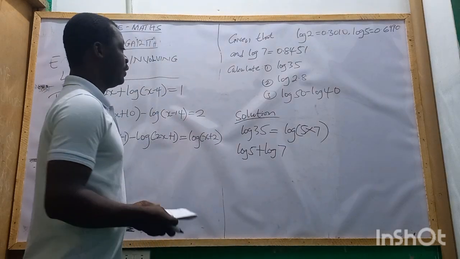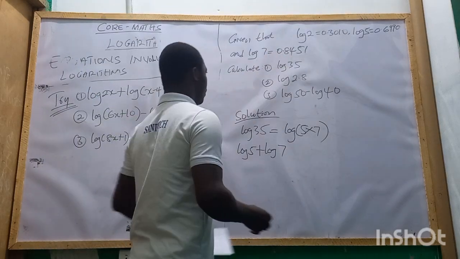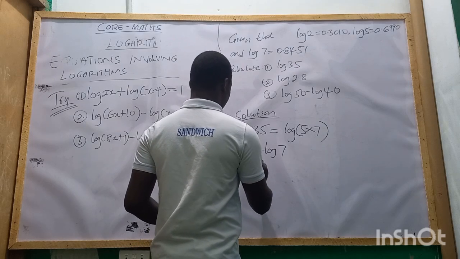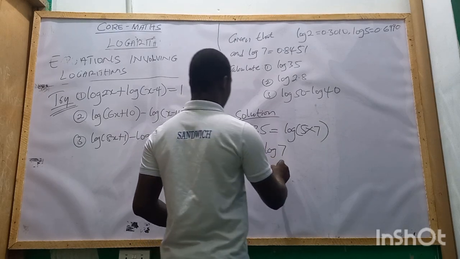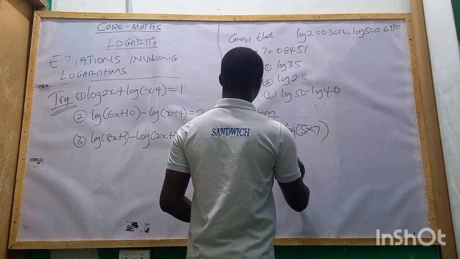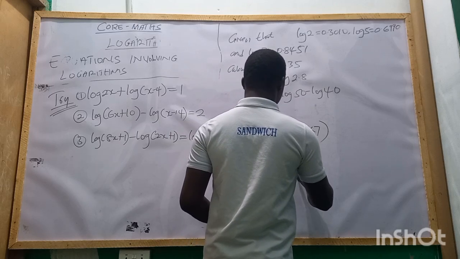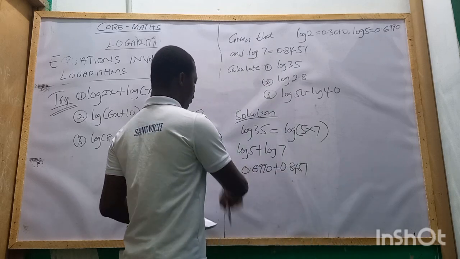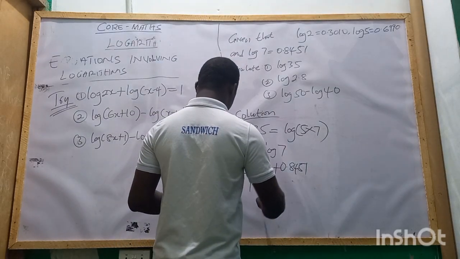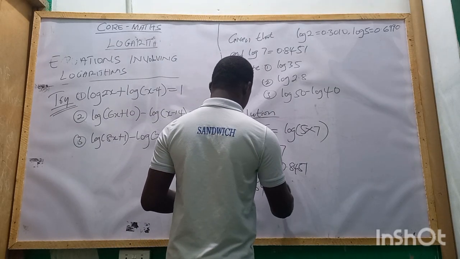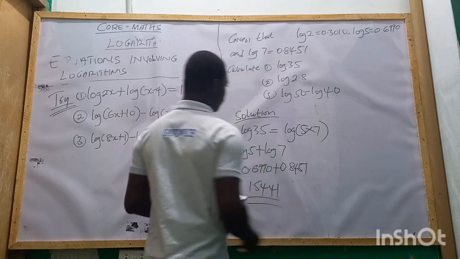It's very simple. I know log 5 is 0.6990, plus log 7, 0.8451. Use your calculator to punch it, and you get 1.5441.